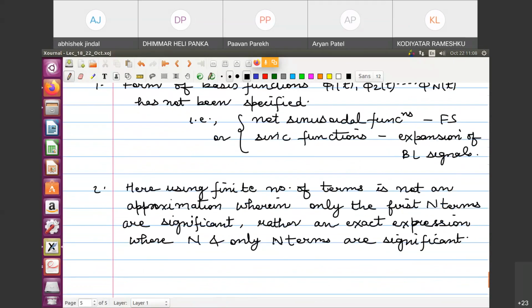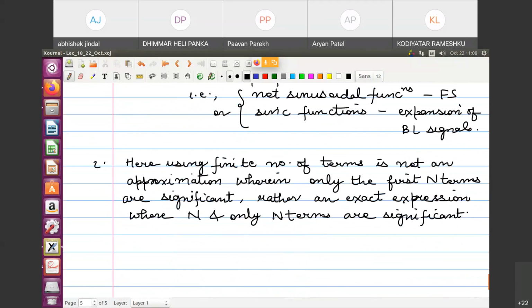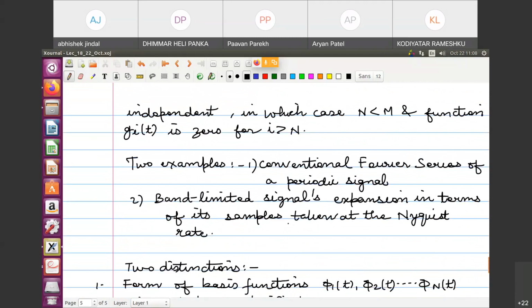But whatever we have done above, we get a definite number, let us say N, of orthonormal functions, and in terms of those N orthonormal functions, we can write each of the N signals. So what is said here is that using a finite number of terms, that is, the capital N terms Gram-Schmidt has given you, won't lead to an approximation, which it does in the case of these two things we have used. If you take only n terms of the conventional Fourier series, or only n terms for the band limited signals expansion, you would get an approximation.